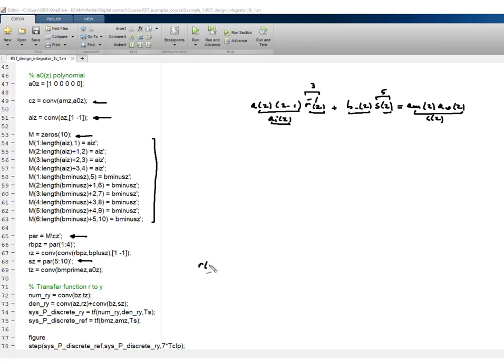R, as is shown over here, is R bar prime times B plus times Z minus 1, and T is obtained as usual, A0, the observer polynomial, times Bm prime over here. And this is how we obtain the 3 relevant polynomials.